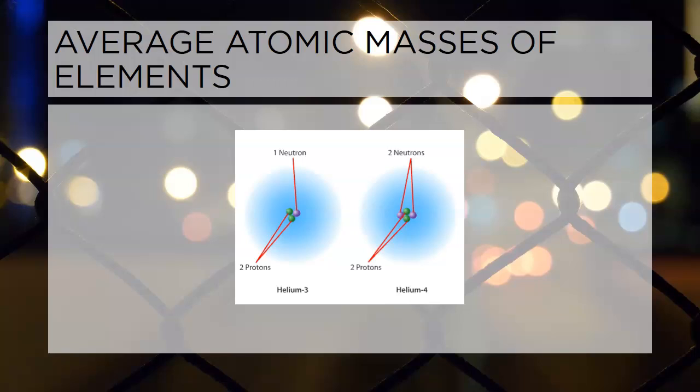Now let's just say, for argument's sake, I don't know the exact percentage of each, but if you had a balloon filled with helium, and let's say that in nature 1% of helium is helium-3 and 99% is helium-4. Would you expect the average atomic mass to be 3.5, right in the middle? If 1% is helium-3 and 99% is helium-4, what would you expect the average to be?